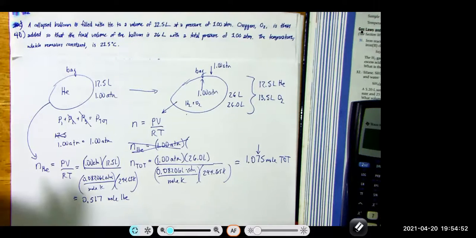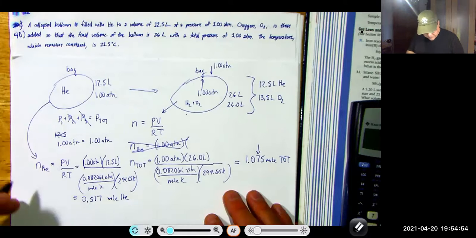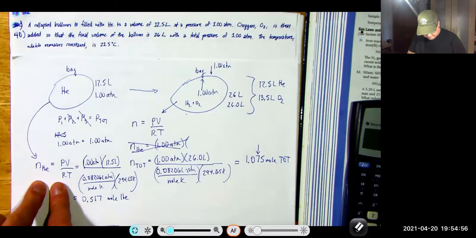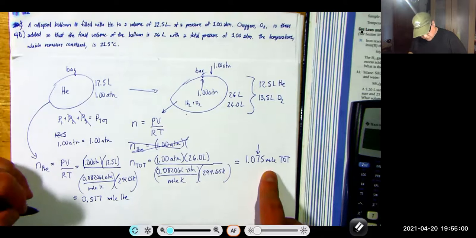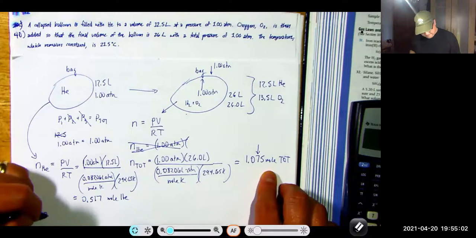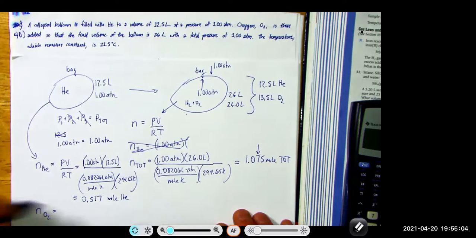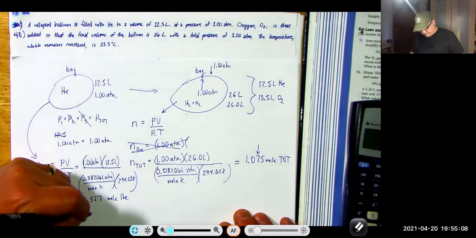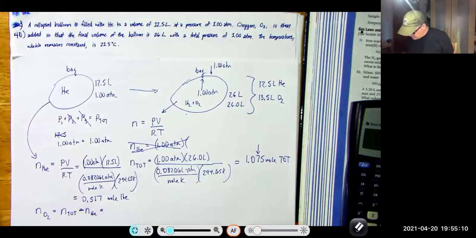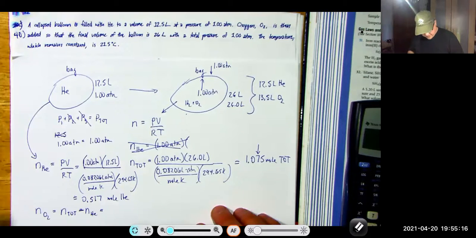That's right. Okay, so this is the moles of helium, and this is the moles total. So the moles of oxygen have to be what? 1.075 moles minus 0.517 moles. Right. So minus 0.517. Okay, it does work out.